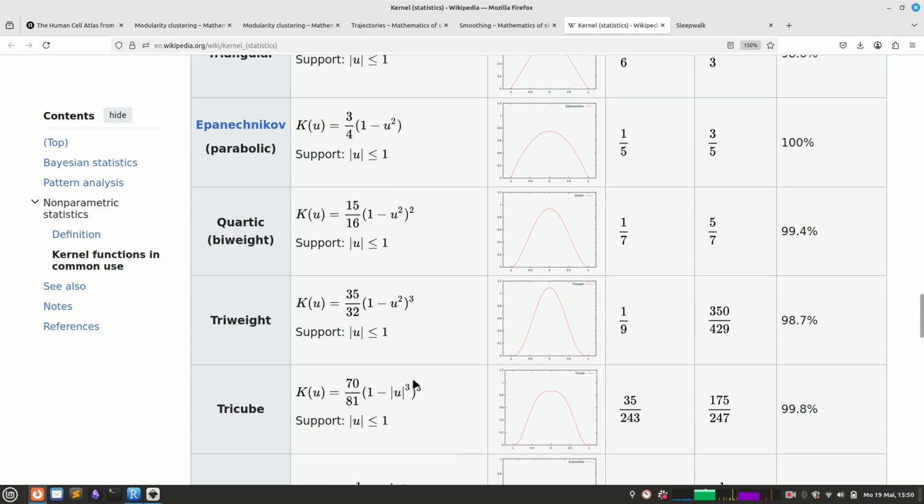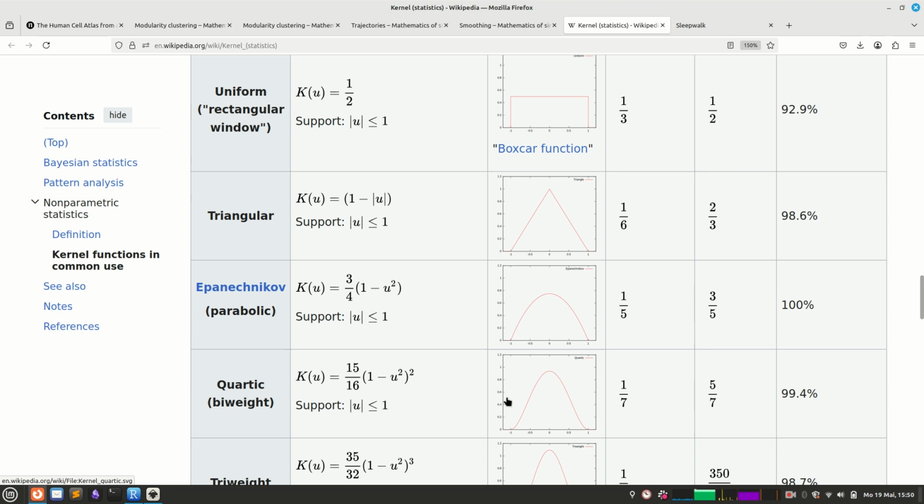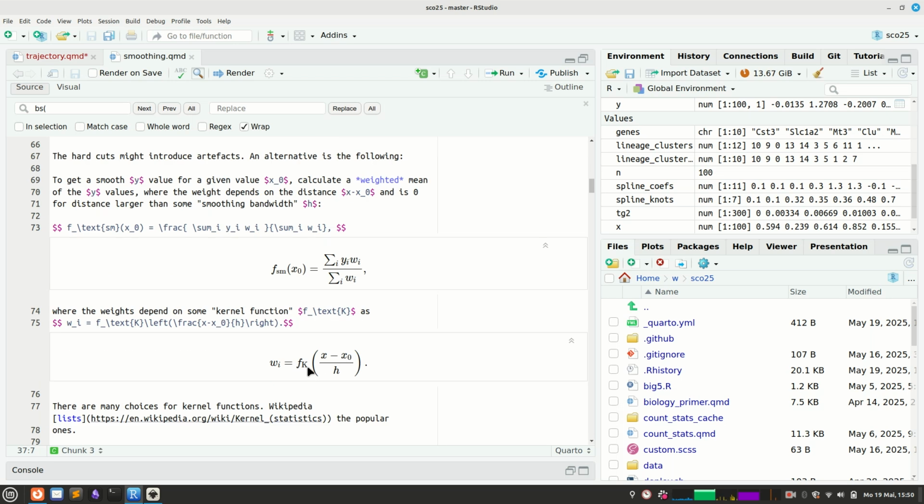A lot of these kernels that you mentioned in the script as well have support for u less than 1. But does that suppose that you have some normalized distance? Yes. And this is what we have here. This is the h. You see, this thing has support on -1 to 1, which we change by this rescaling into a support from x naught minus h to x naught plus h.